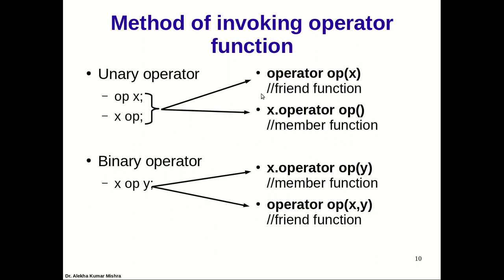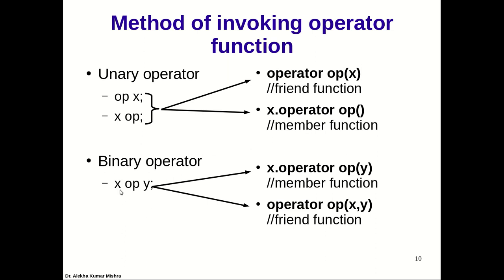For unary operators, we write the operator operation; when we pass the value x, it is a friend function. When we call it, it is automatically x dot operator, which is the member function. This is how the friend function is called, and this is how the member function is called. Whenever we write like this, it is automatically converted into the invoking operator function like this.